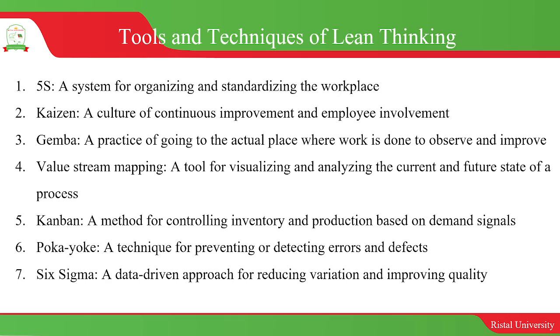If you are in the EPI department, you are using ice packs that are able to indicate the temperature within a vaccine. So all those kinds of things fall under this Poka Yoke kind of grouping. We look at the Six Sigma. It's a data-driven, statistical technique, as I mentioned, a data-driven approach for reducing variation and improving quality.